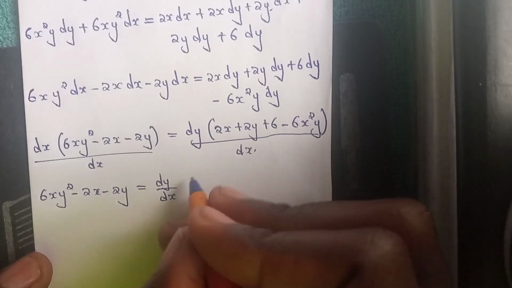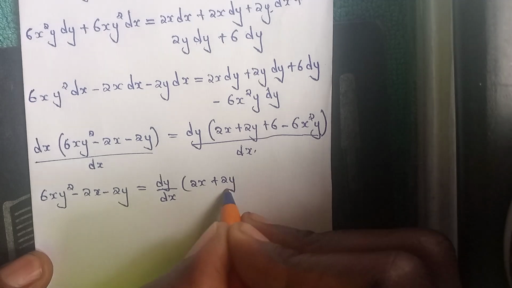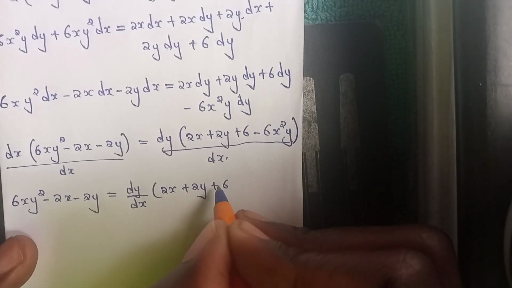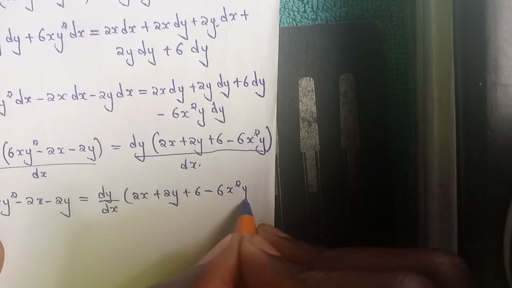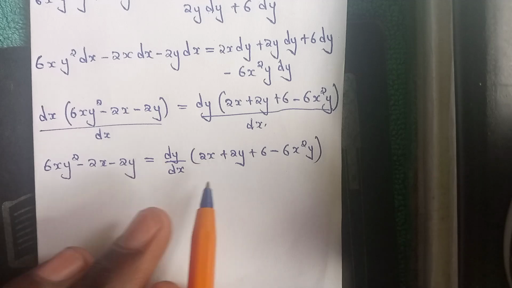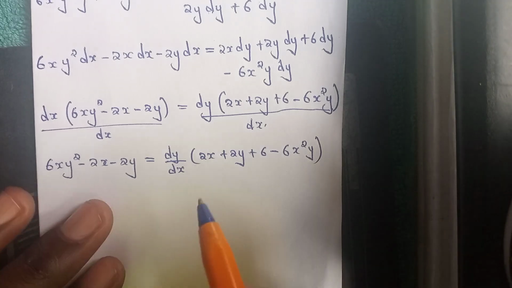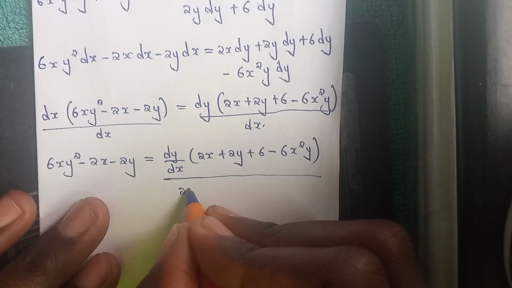Then I have this. But when you see, this guy must be divided to both sides of the equation so that I remain with dy over dx. So I'm going to divide to both sides of the equation.